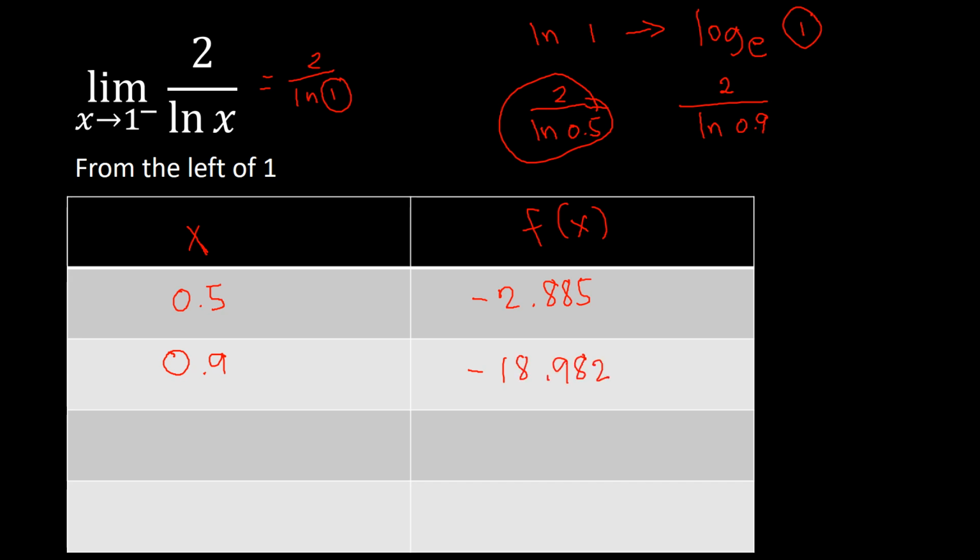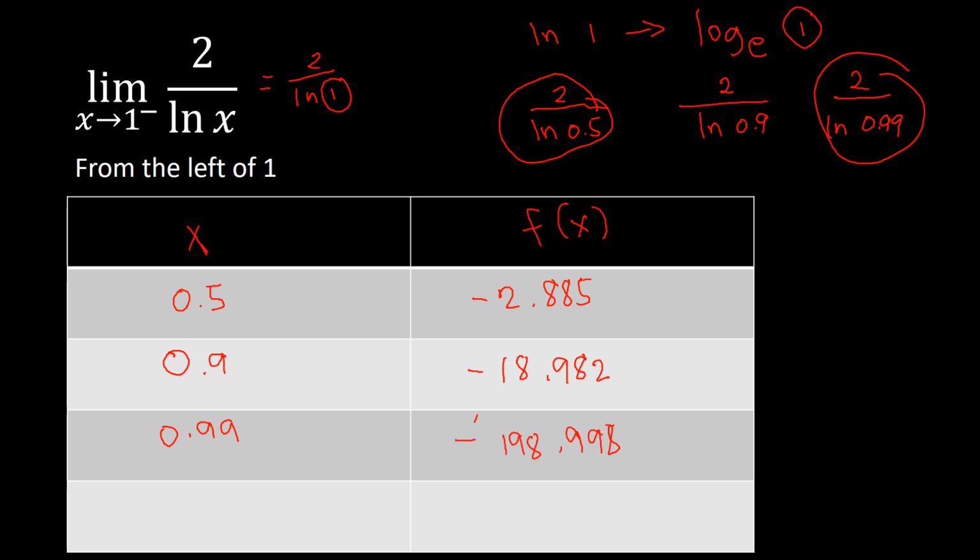Then moving closer, we have 0.99, because we want to see the pattern of the approach value of f of x. So we have 2 over ln of 0.99. Input this on the calculator and the result will be negative 198.998.